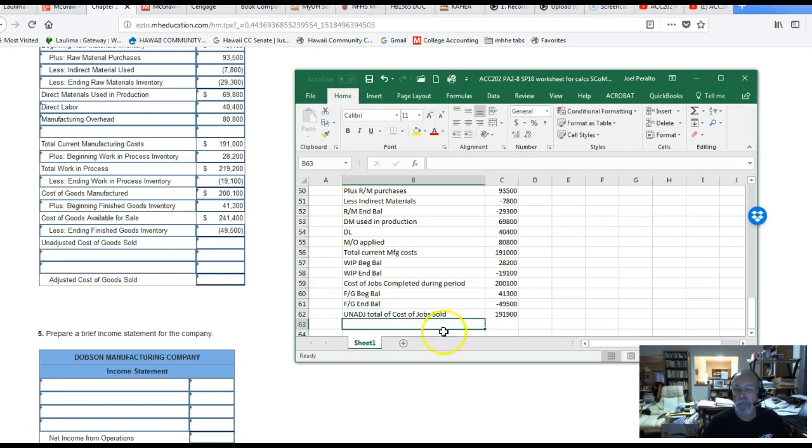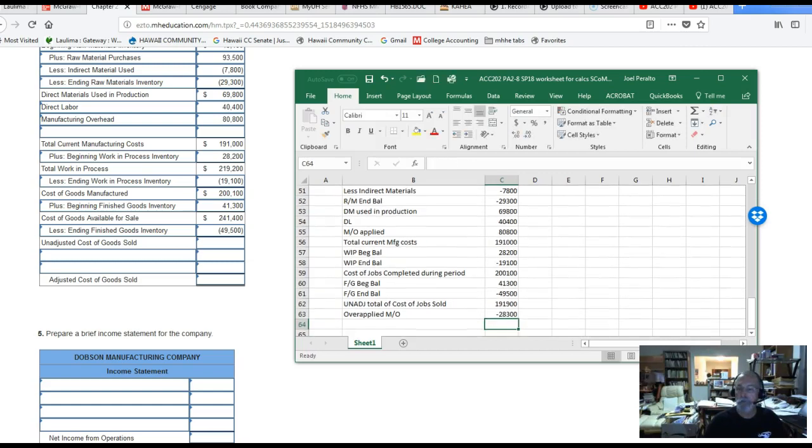Okay. And then we adjust for over applied manufacturing overhead. And that was a minus 28.3.